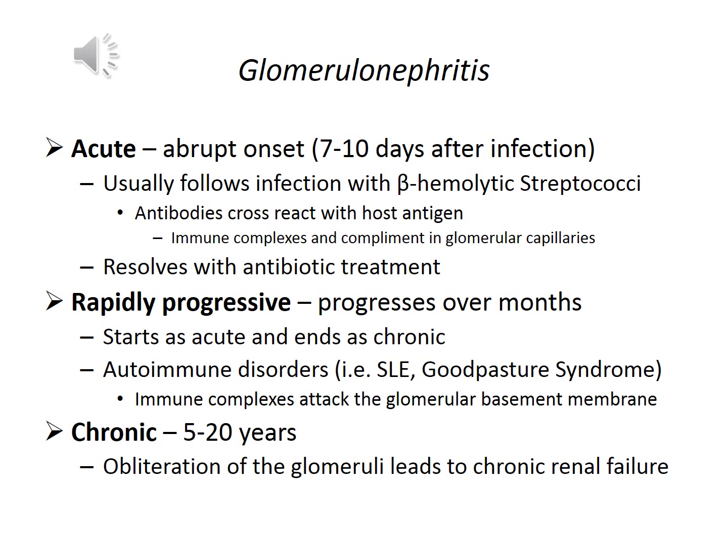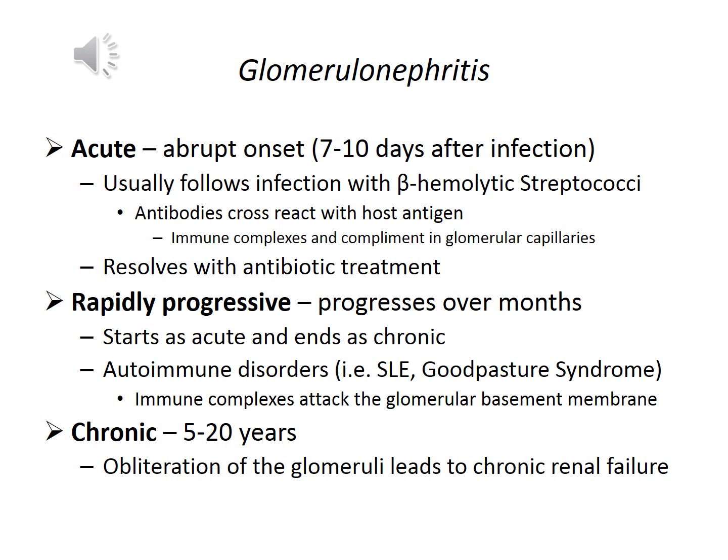Now these immune complexes attach to the glomerular capillaries, we activate complement, we get the membrane attack complex going, and an acute glomerulonephritis occurs. Usually, if we get it early enough, we can treat this with antibiotics. If we can get rid of the beta hemolytic strep, then in time the renal portion resolves as well.